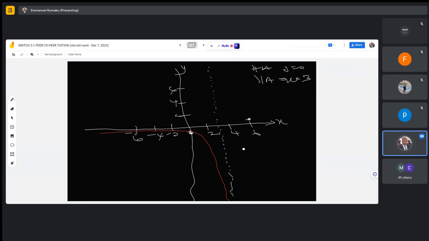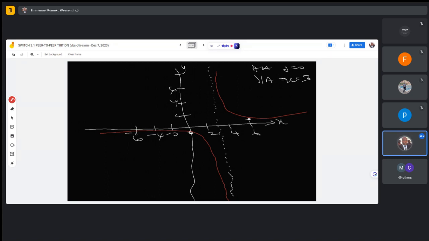It means our graph at this portion will not be down here, but on top here. So we'll also sketch a curve over there to represent the graph at that portion.